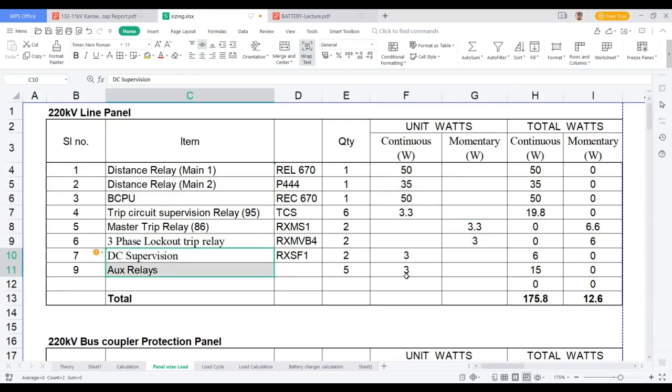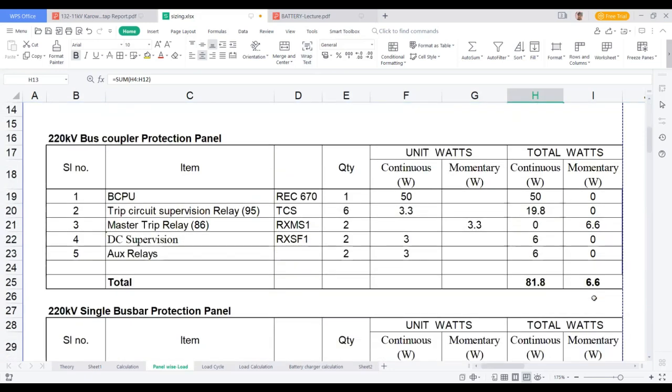And these again are the continuous loads. So from each 220 kV line panel, I can conclude that 176 watts is my continuous load and 12.6 watts is my momentary load. Suppose you are having 2 panels, then 2 into 176 is your continuous load, and 12.6 into 2 is the momentary load.